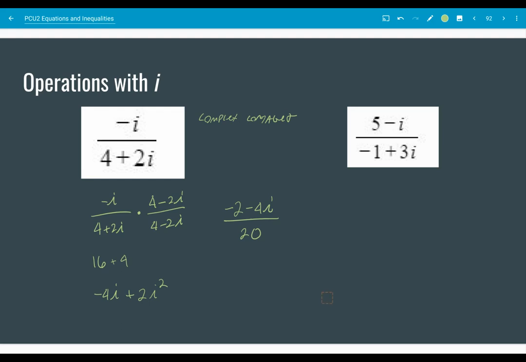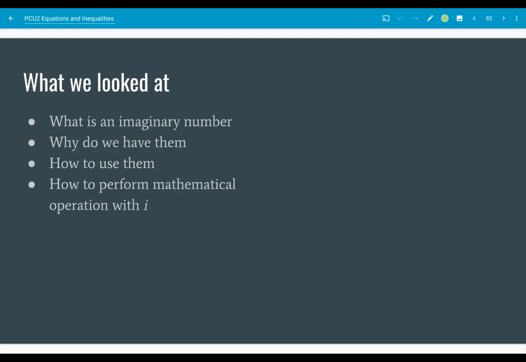The factors of 2 all around, so we have negative 1 minus 2i all over 10. And then to write in our standard form, it would be negative 1 over 10 minus 1 over 5i. Simplified it there. So that's division with imaginary numbers.